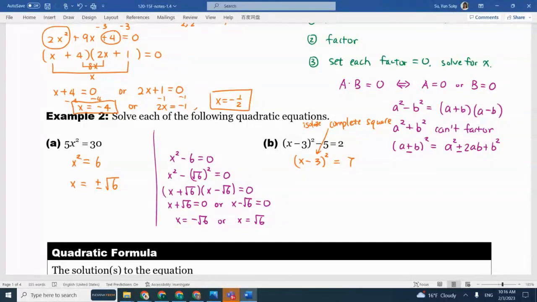After we isolate the complete square, we can take the square root on both sides. When you take square roots, you have plus or minus. Therefore, what's x? We add 3 on both sides. We have x is 3 plus or minus square root of 7.